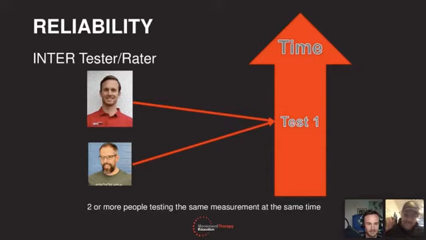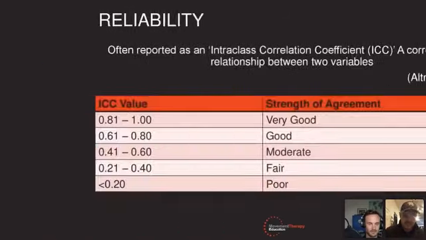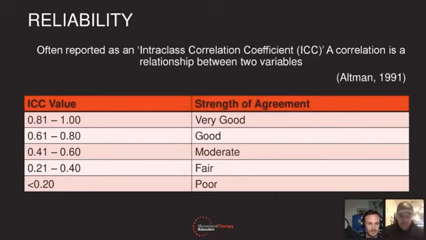So they're doing the same test, they're both doing it at the same time, and we're seeing whether they both get the same results. So we've got two or more people testing the same measurement at the same time, and then seeing if their results are different. If they agree on the results, then we would say that test has good reliability, has high reliability. And this is how it's portrayed in the literature.